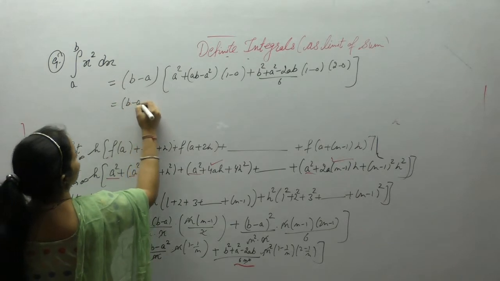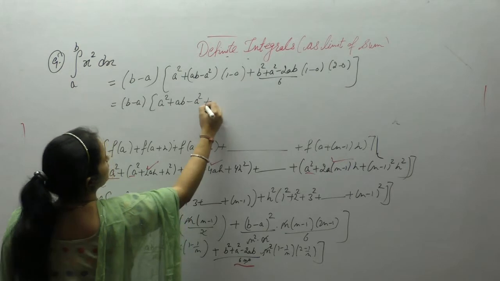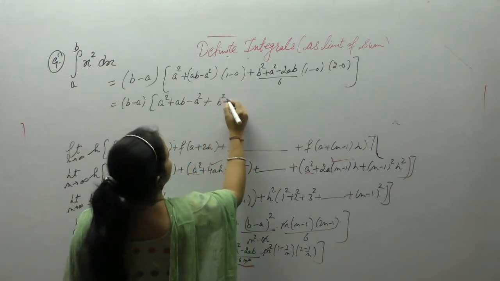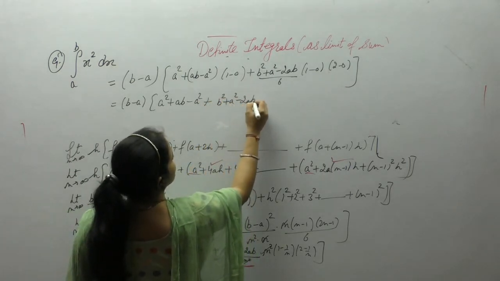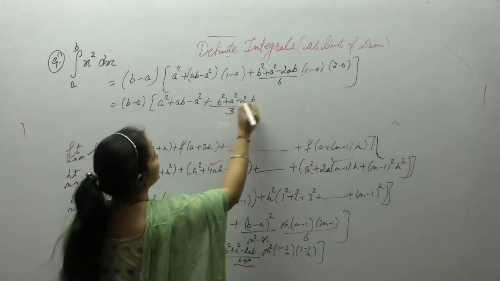b minus a, a square plus ab minus a square, plus (b square plus a square minus 2ab), 2 into 1 is 2, 2 by 6, 3.